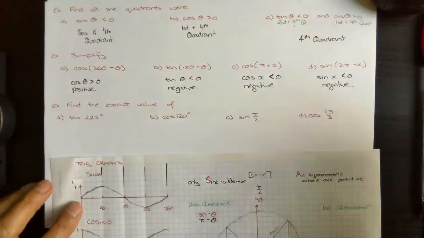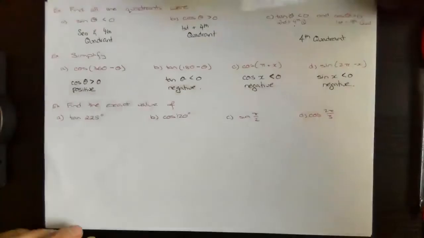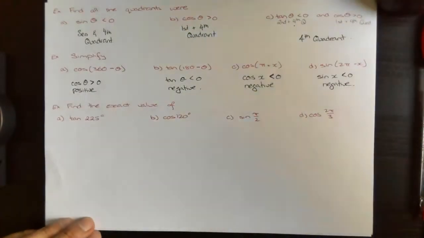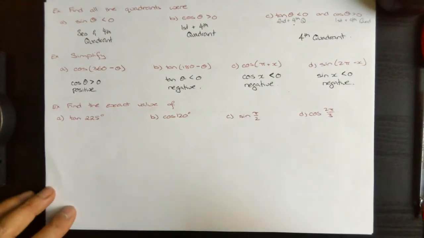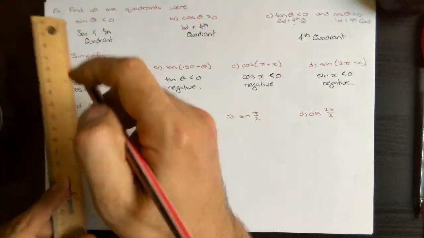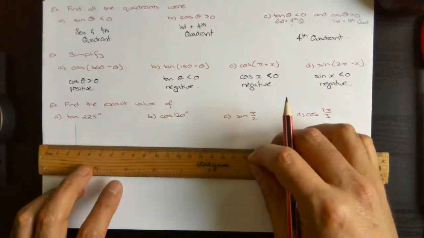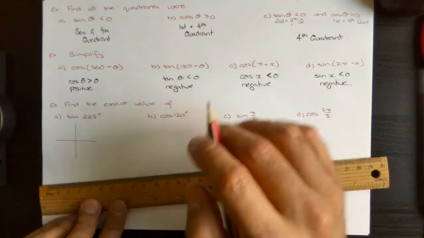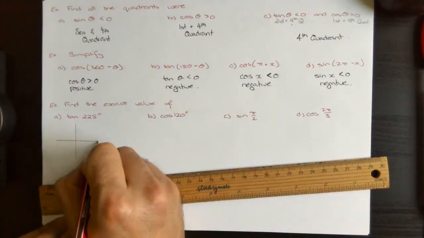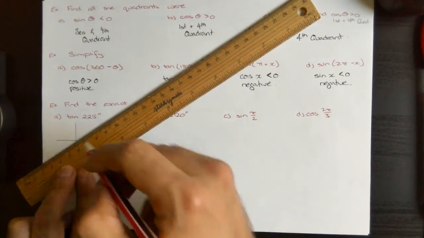Okay. So we want to find the exact values of tan 225. So how I do this is I will create my little intercepts, quadrants. Tan 225 starts here at 0, would be somewhere here.